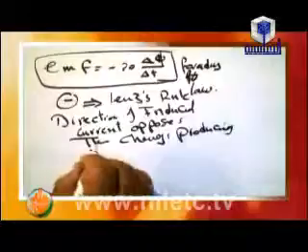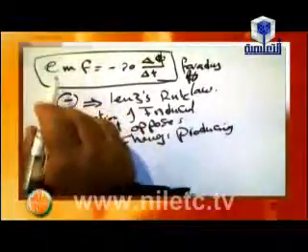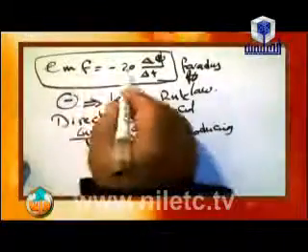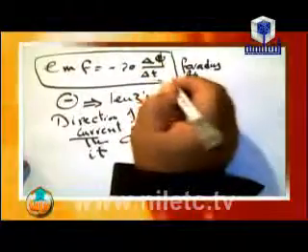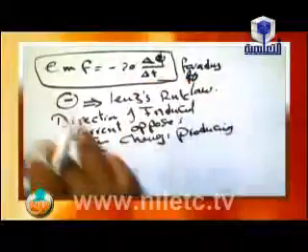So the negative sign is in order to satisfy Lenz's rule. So the average induced EMF is equal to negative N, which represents the number of turns, times delta phi over delta t, which is called the rate of cutting the magnetic flux lines.